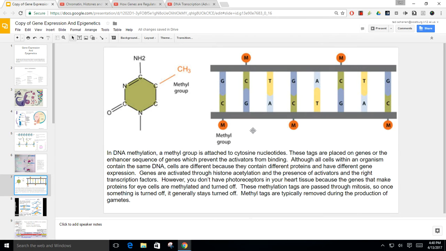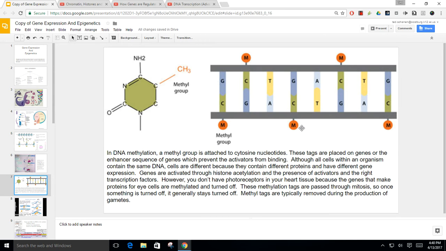So if you turn off a gene by methylating a certain group, you put a tag on it, those tags actually do get passed through mitosis. So if it is turned off, it generally stays off, and therefore different cells are going to make different proteins because different cells have different methylated areas.